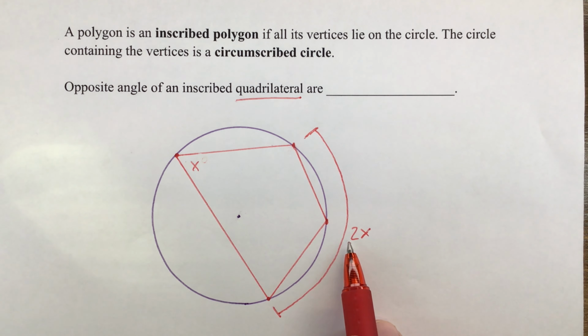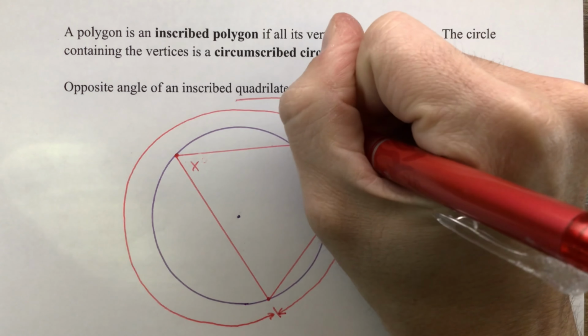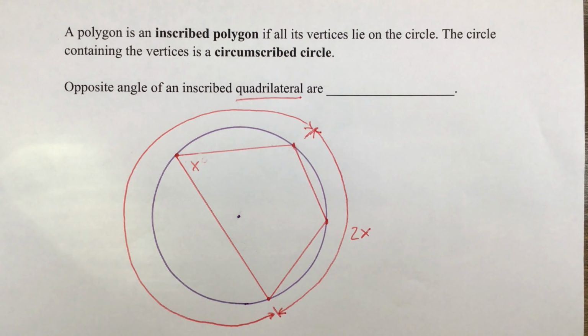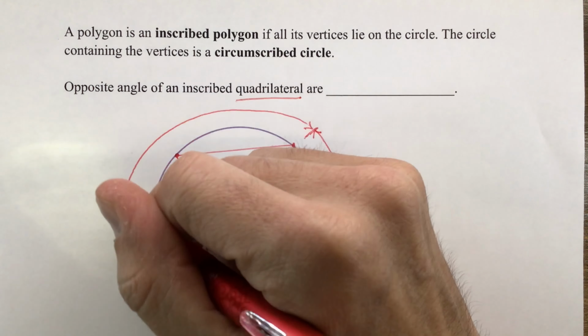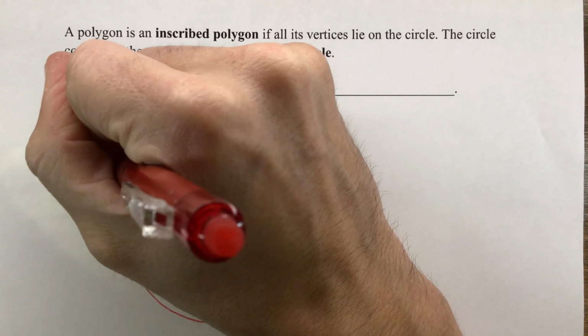If that's 2x degrees, the other side of this might not look too pretty here, having a circle around another one, but let's do this. We'll put little arrows on them so it looks like they stop at some point. If this is 2x, then this major arc needs to be the difference from 360. So I could describe that major arc as 360 degrees minus 2x.